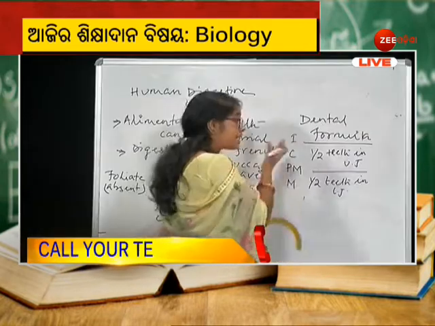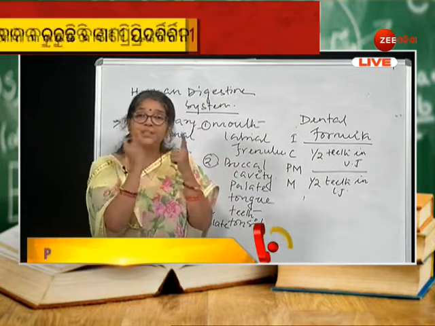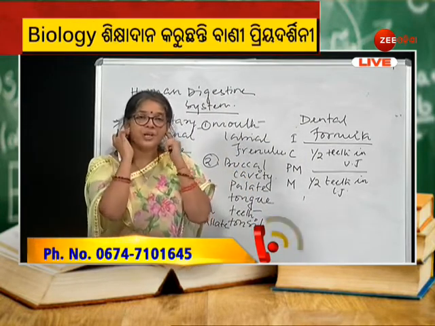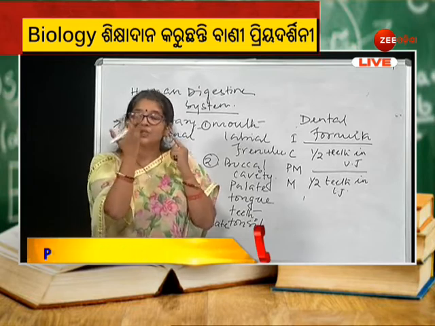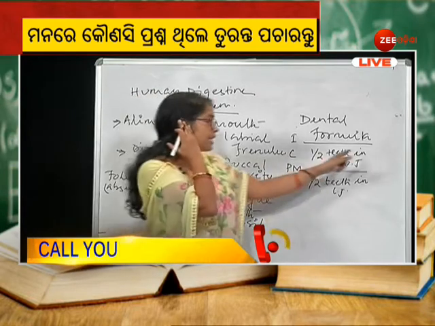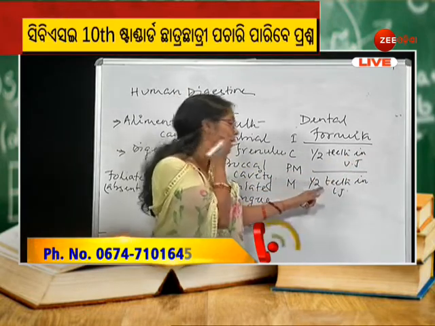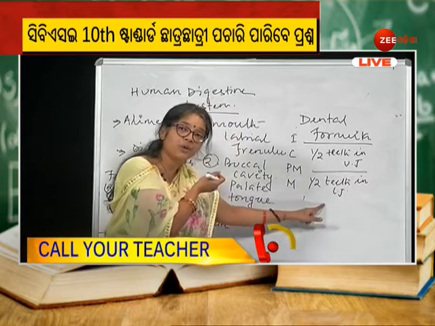Half in the upper jaw does not mean the upper jaw contains this much of teeth. So half of the upper jaw contains how many teeth? That is half of the teeth present in the upper jaw. Similarly, half of the teeth present in the lower jaw.